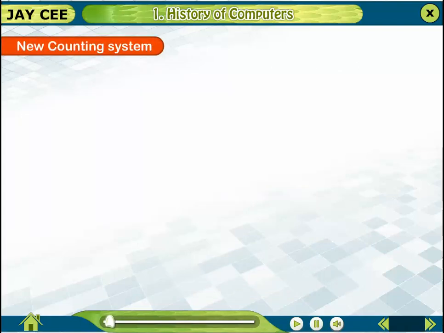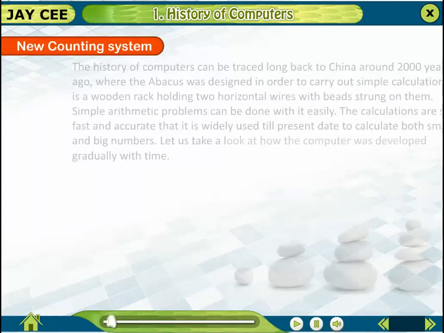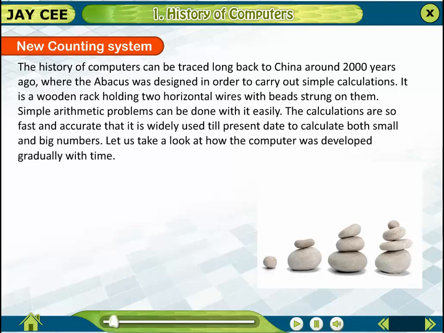New counting system. The history of computers can be traced long back to China around 2000 years ago, where the abacus was designed in order to carry out simple calculations. It is a wooden rack holding two horizontal wires with beads strung on them.